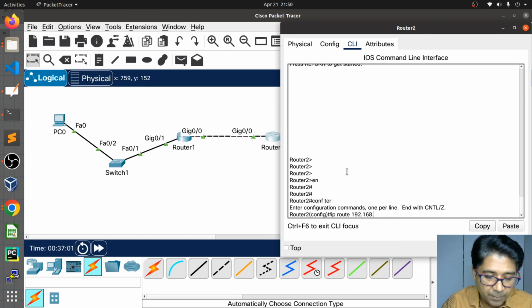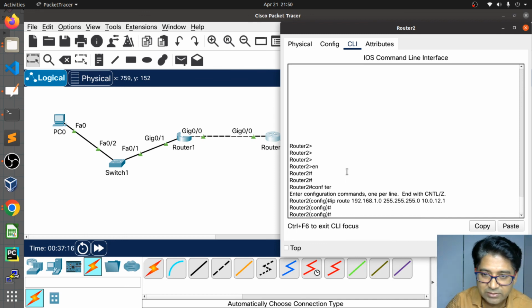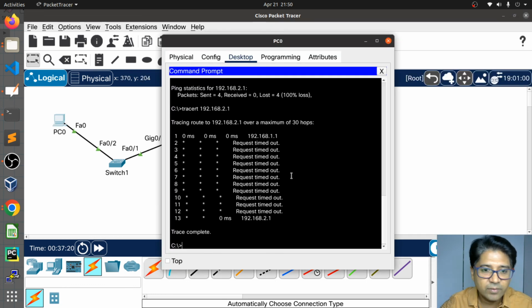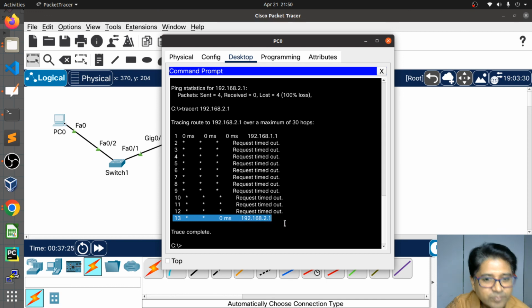What is the IP for LAN 1? 255.255.255.0, via 12.1, because you know that. As soon as I punch that in, now you can see they have completed the route. They got replied back.